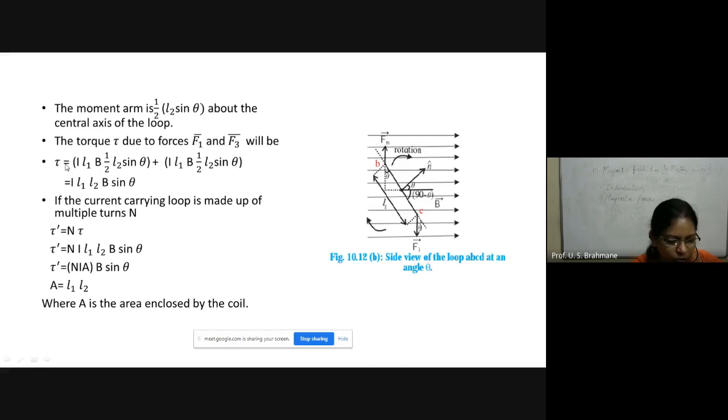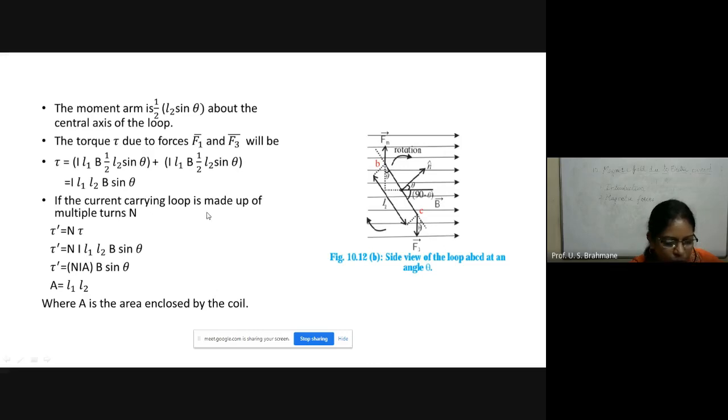So I L1 B is the force F, and the perpendicular distance is half L2 sine theta. Similarly for F3, it is I L1 B half L2 sine theta. Both are equal, so if we add them, we get tau equal to I L1 L2 B sine theta.